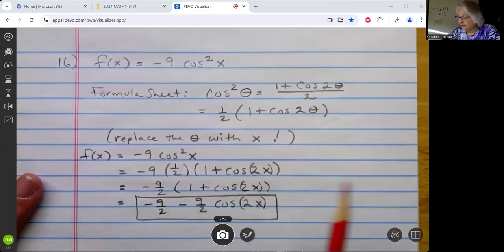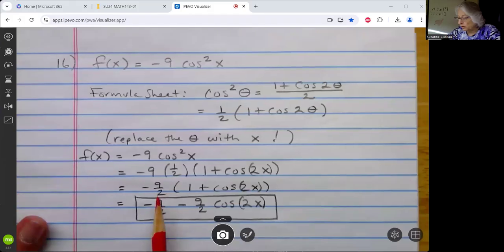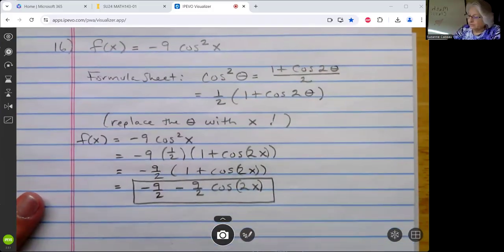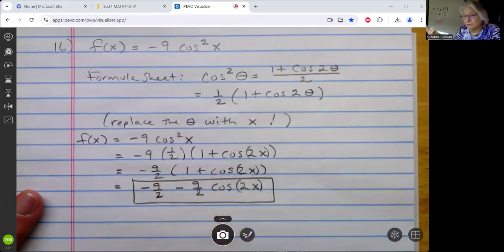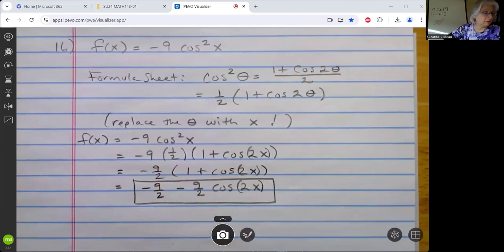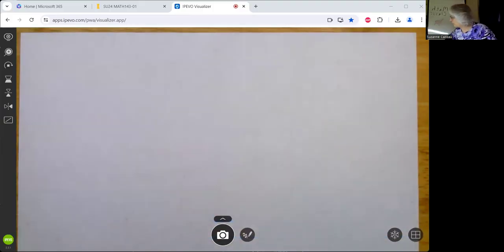Then this is just negative 9 over 2, and now I'm going to distribute the negative 9 over 2. See how easy that was? Negative 9 halves minus 9 halves times cosine of 2x. Make sure you don't put theta in there. So easy to do. So that's what the formula is.